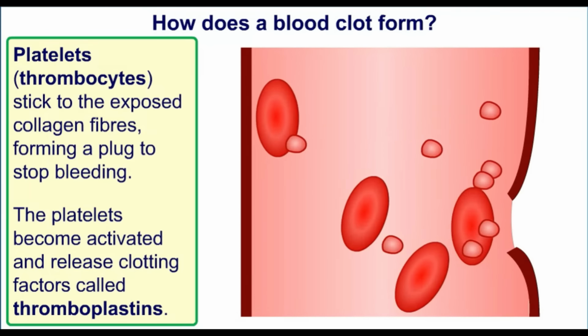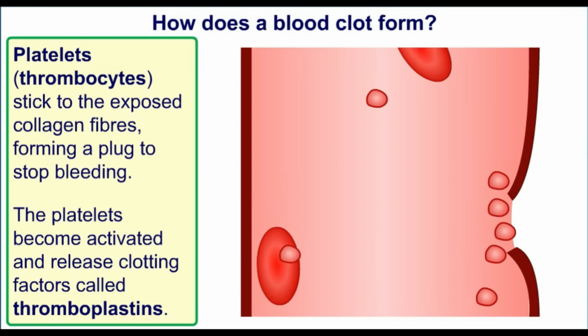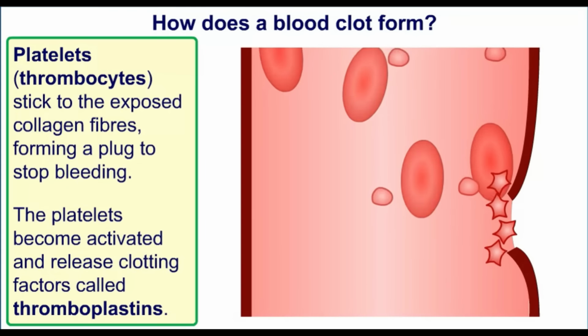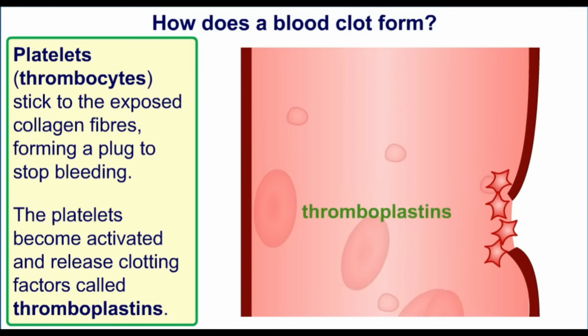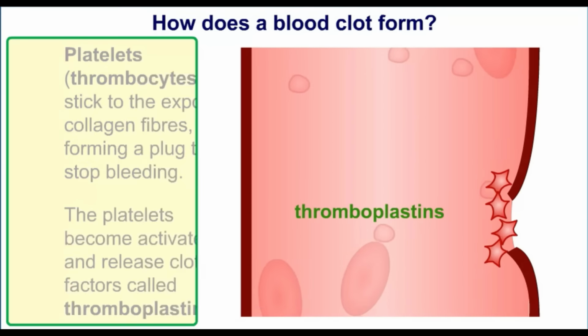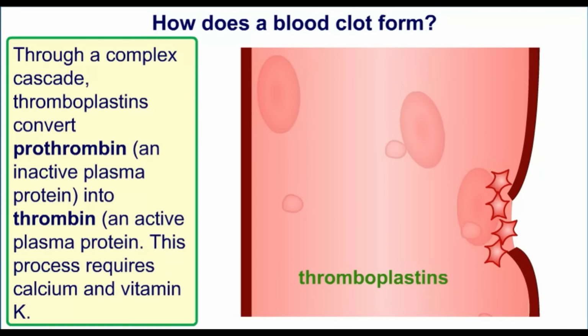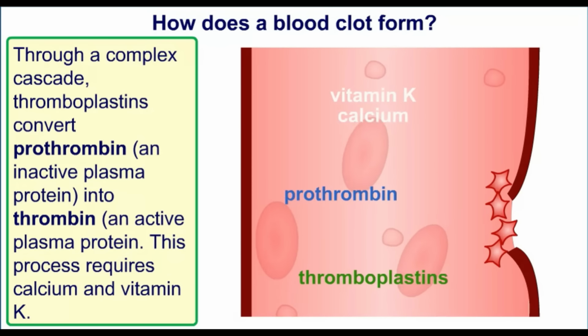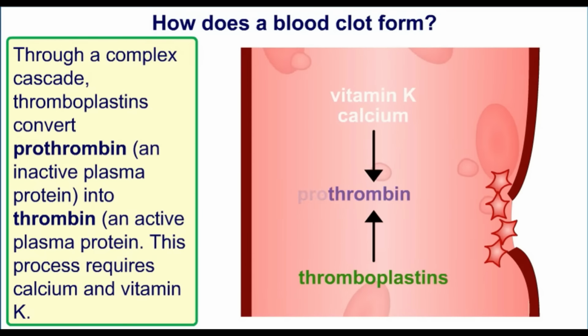Platelets, or thrombocytes, stick to the exposed collagen fibers, forming a plug to stop the bleeding. The platelets become activated and release clotting factors called thromboplastins. Through a complex cascade, thromboplastins convert prothrombin into thrombin.